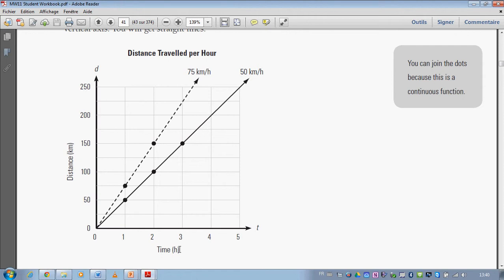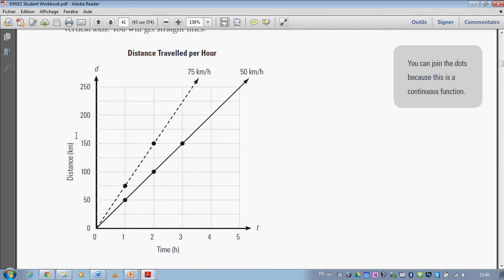Not that you have control over time or you're some superhuman, but you decide, like if this is distance traveled per hour, you're the one who's deciding how many hours you're traveling, right? So that's why I'm saying this is what you have control over, okay? So this is your independent variable.